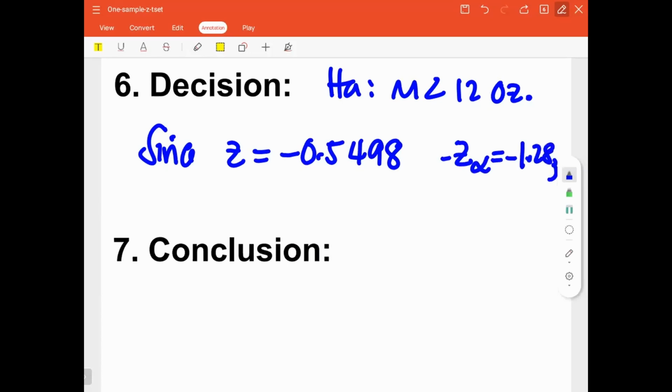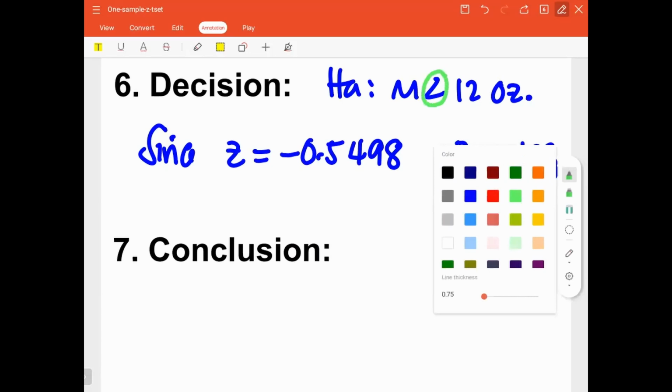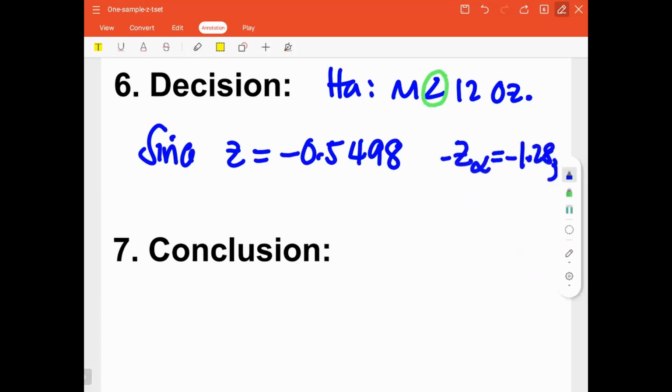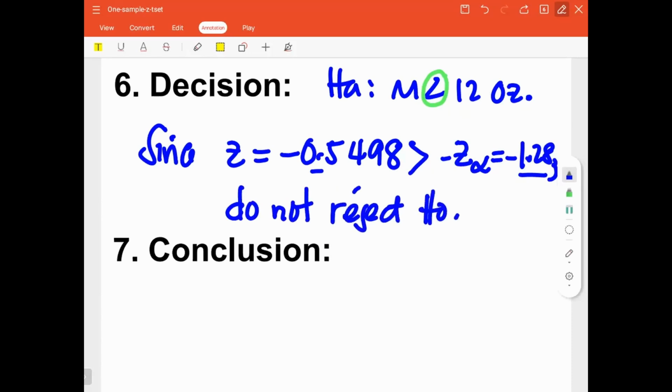So what is our guide or our decision rule again? We say when this is the same as this, that's the time we reject the null hypothesis. However, in this case, negative 0.5498 is actually greater than this critical value, which is negative z of alpha, which is negative 1.28. So we say we do not reject HO, or simply accept HO.